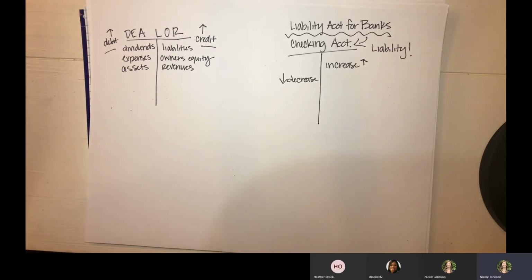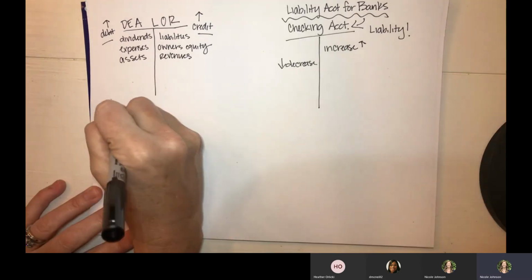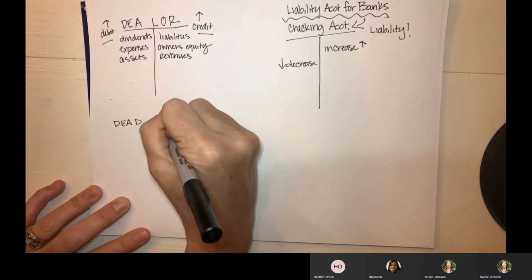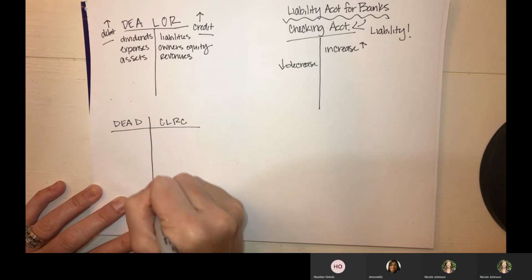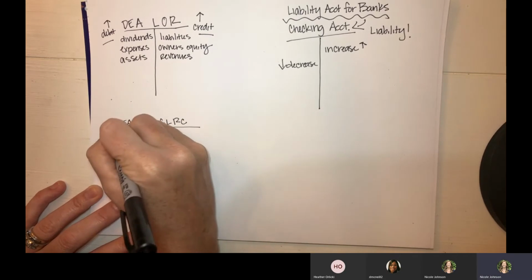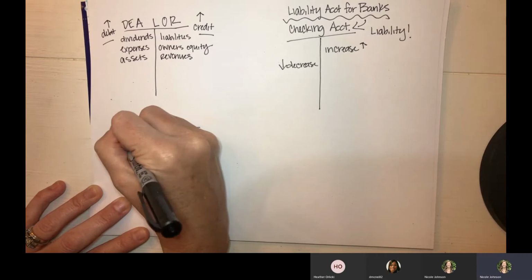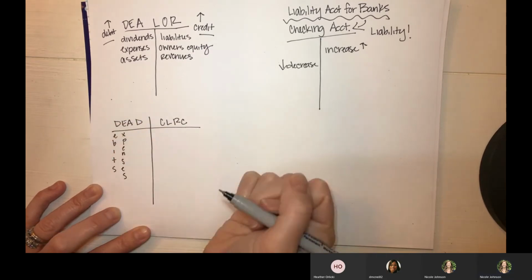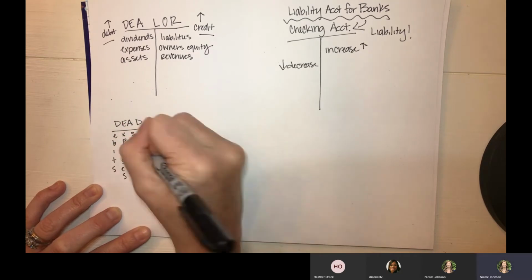Another way besides the DEALER that you could do, some people also do this one. It goes D-E-A-D-C-L-R-C, like dead clerk, which is perfect for Halloween coming up. And so you've got debits on the left, and those are expenses, assets, and dividends.